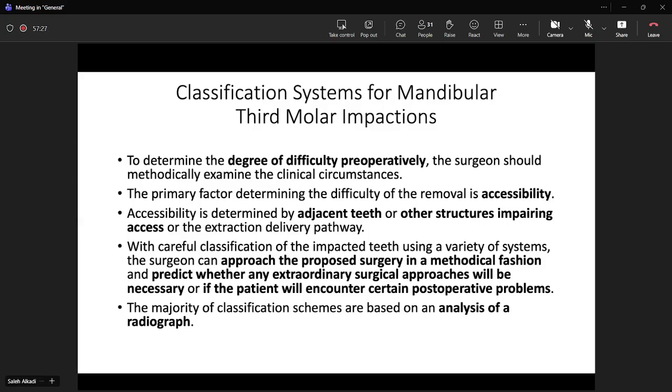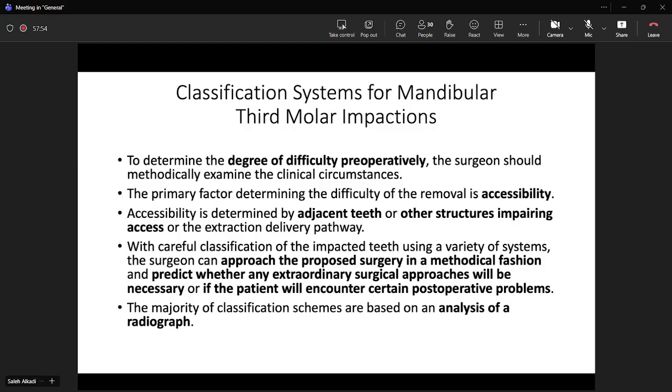Now, a very important thing when we talk about wisdom teeth, especially mandibular third molars, is impaction. We use a classification system to assess the degree of difficulty of removal of these wisdom teeth preoperatively, before the surgery.